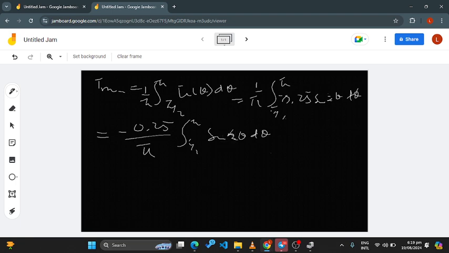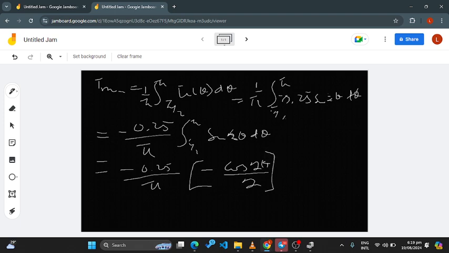So this gives minus cos 2 theta, all divided by 2. When you are differentiating, you multiply by this one; if you are integrating, you divide. So pi on 2 to pi.